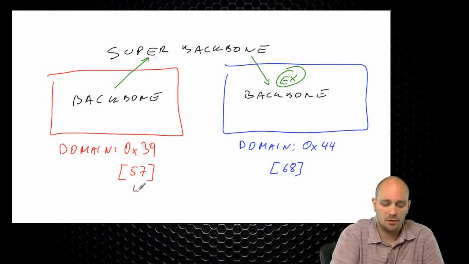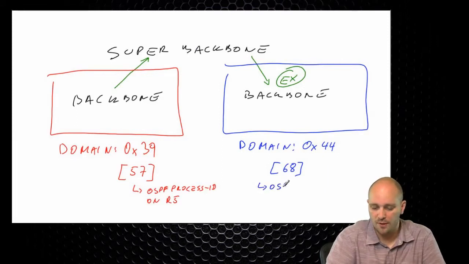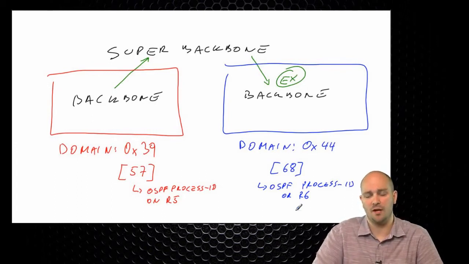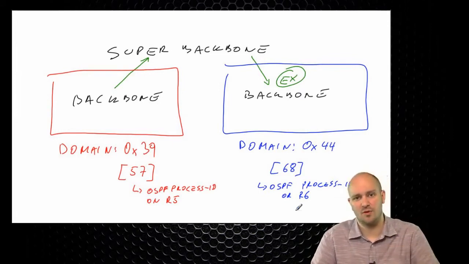In other words, this was the OSPF process ID on R5, and this one here was the OSPF process ID on R6. So if you remember back in those days of CCNA, or even CCNP, when you were learning about OSPF, and the books told you that you can use whatever process number you like, it's locally significant and it doesn't really matter.